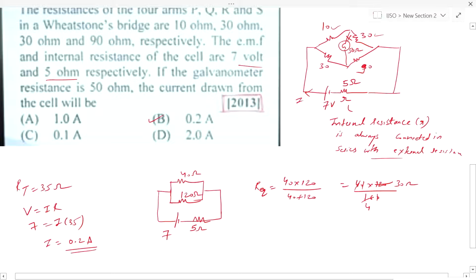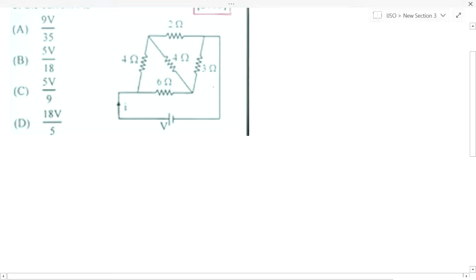So when the galvanometer is connected in between, it won't take any current. That's why the galvanometer is always connected like this. So the external current answer will be 0.2 ampere. Clear? But the galvanometer itself won't take any current.